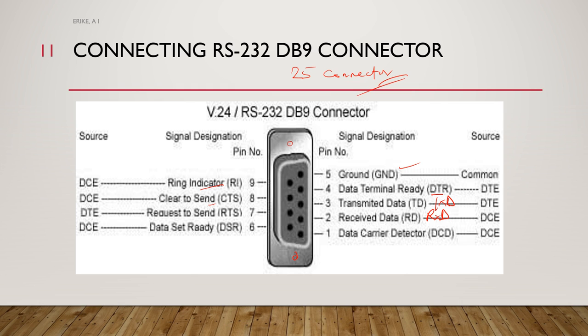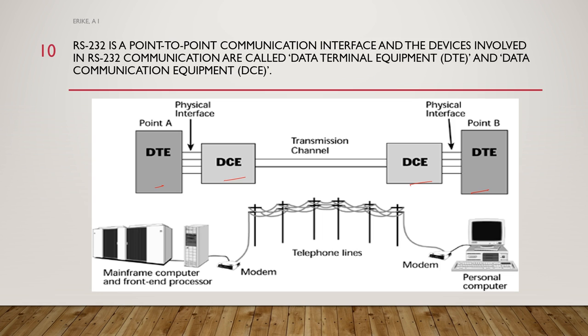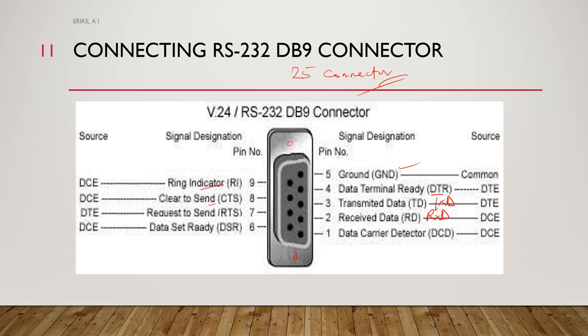Okay, so let's look at how this thing works now. If no data flow control is required for transmission between this and this, now what happens? We say that only the transmitted data, received data, and the ground are required for data transmission and reception.